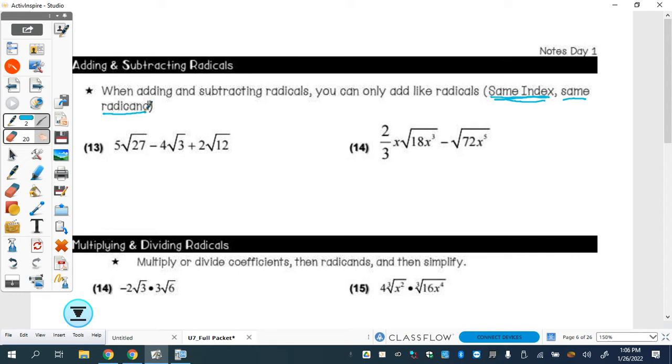So looking at our first example, are they all the same index? Yes. Are they all the same radicand? Negatory. So what could we do? Do what one by one? Like so the 5 and 7, then the other one, like one by one. But we're trying to add and subtract them, so.